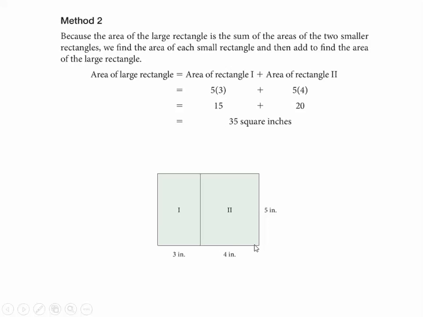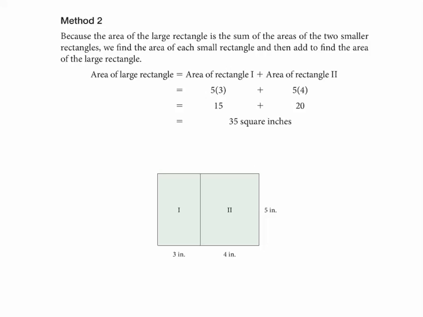The length is 4 inches, the height is 5, so 4 times 5 is 20. And 15 plus 20 is 35, which is the same exact answer we got for the previous problem. Again, it doesn't matter which way: if you add then multiply, or multiply then add, using the distributive property you're going to get the same answer.